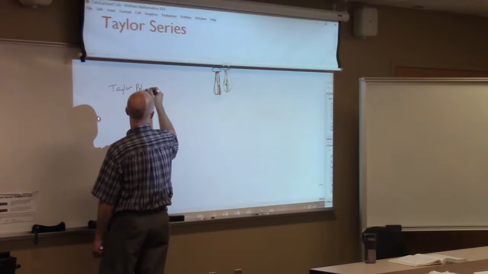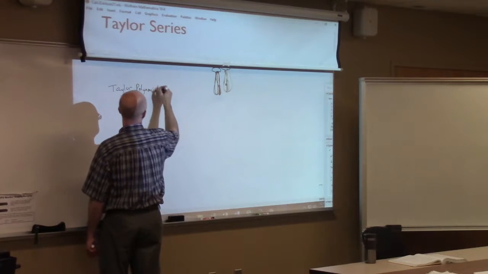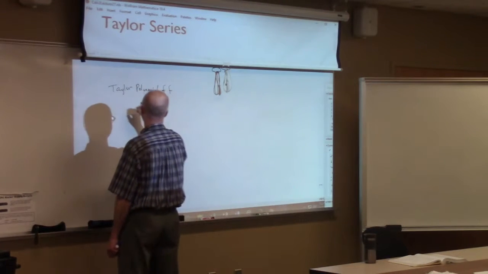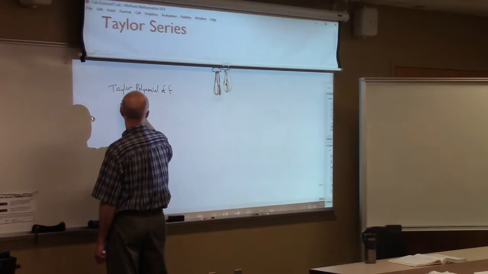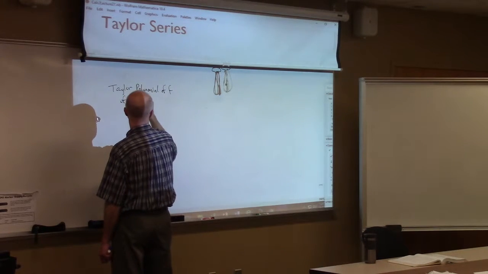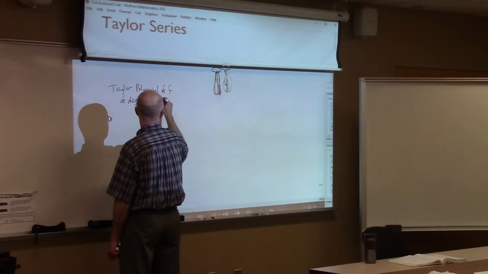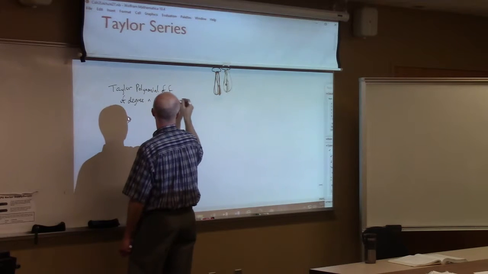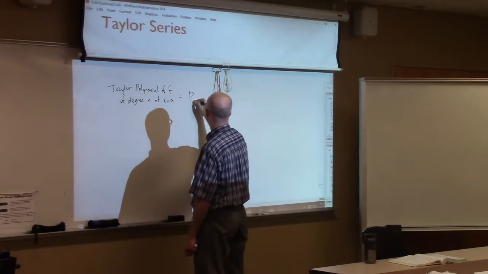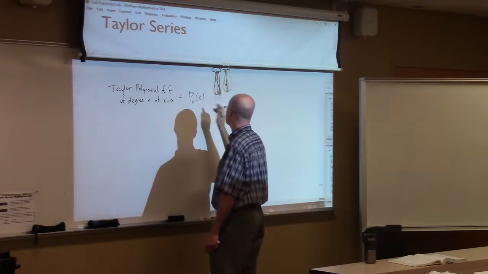The Taylor polynomial of a nice function f of a certain degree, degree n, at x equals a, we've been calling p sub n of x, that's what the book calls it.